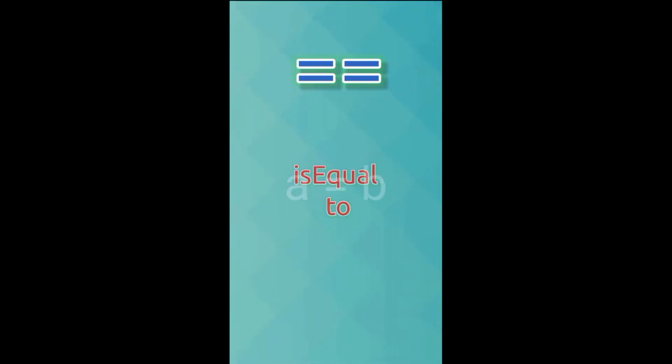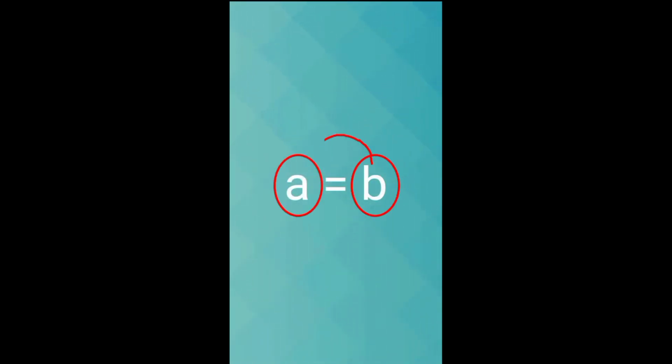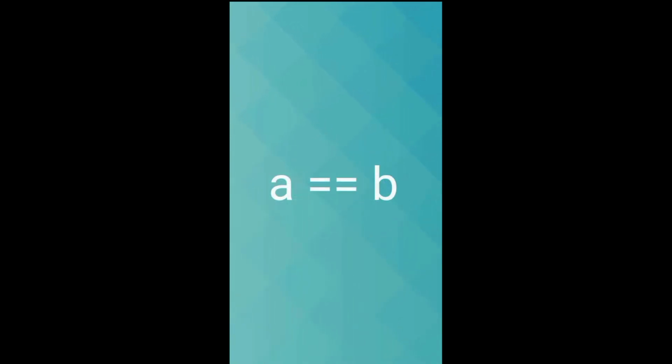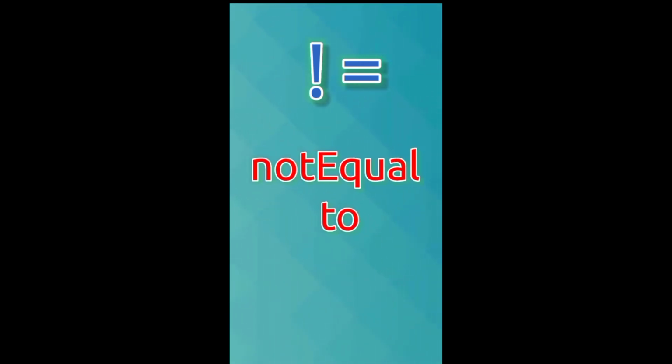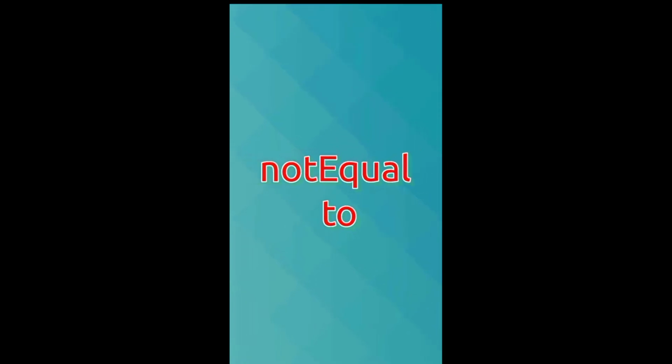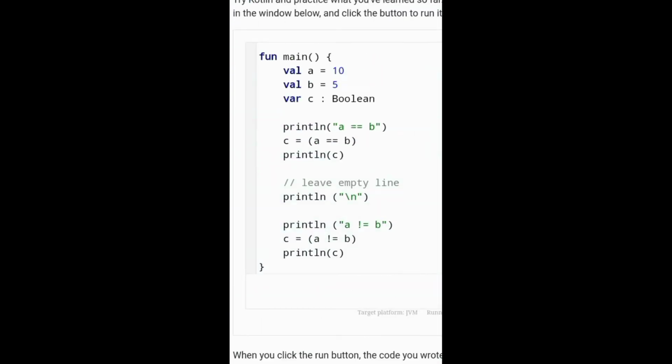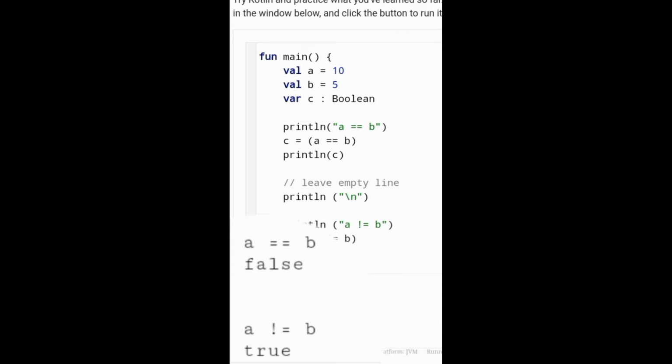Remember, one equal sign will assign the value from the right side to the left, but two equal signs are used to check equality. And an exclamation sign with an equal symbol means not equal to. In simple words, it will invert the result of the equality checker. So when this is false, it will return true. So they are opposite to each other.